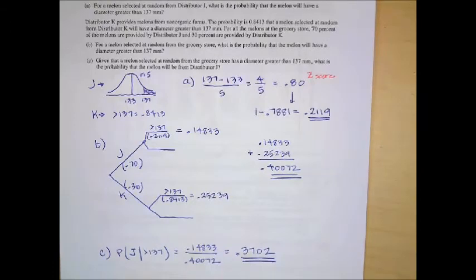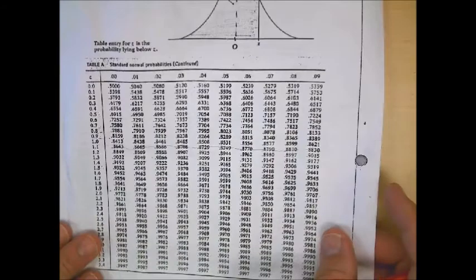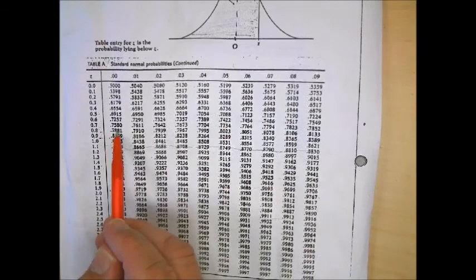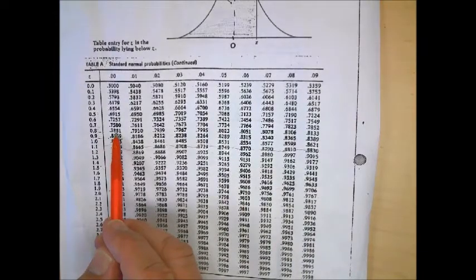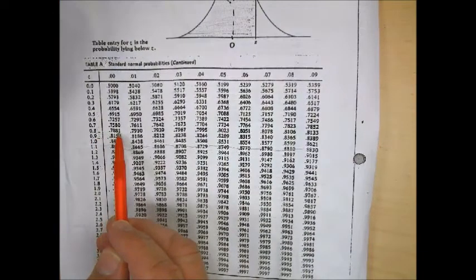So look on your z-chart at 0.80. I don't have one handy or else I would show you. Oh yeah, here's one. So look up on your z-chart for 0.80 and you get 0.7881.